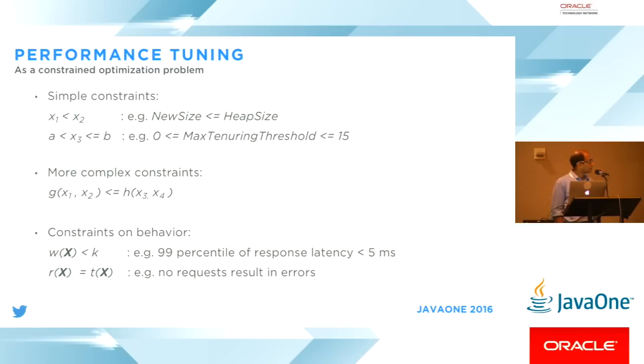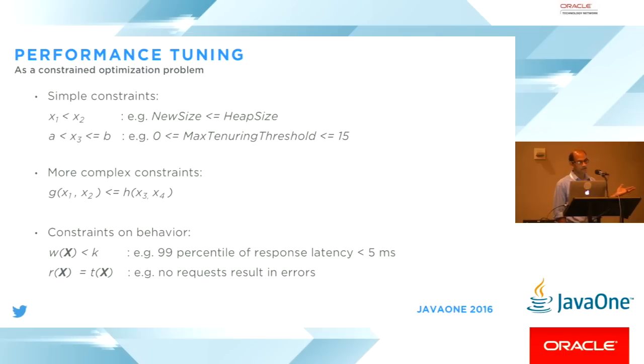In addition to the constraints on the parameters themselves, there could be constraints on the behavior of the system. Even if I'm optimizing some performance metric f, which is a function of the parameters that I'm tuning, I might have further constraints on the behavior. For example, I say that I want to maximize throughput, but subject to latency staying below 5 milliseconds.